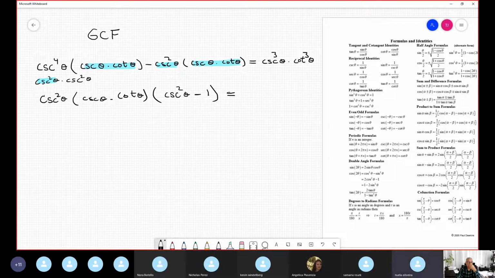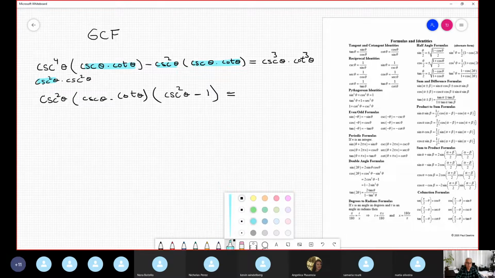Yes, Professor. Look, I put in blue color the greatest common factor. The greatest common factor is cosecant square. Let me change the color. This guy is this guy, is also this guy. I factor out. And this guy and this guy are the same.